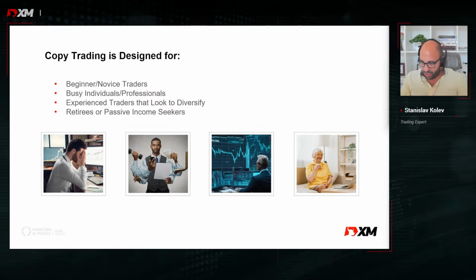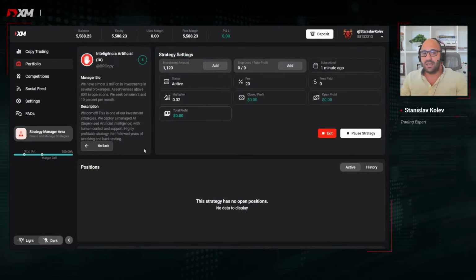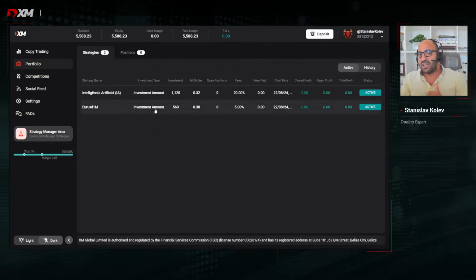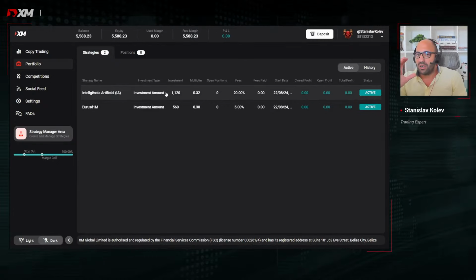That's a very good question. Your capital will only increase or decrease based on exposure. So you're copying two people with X amount of money. It means that you could copy multiple traders with, let's say you have $500.